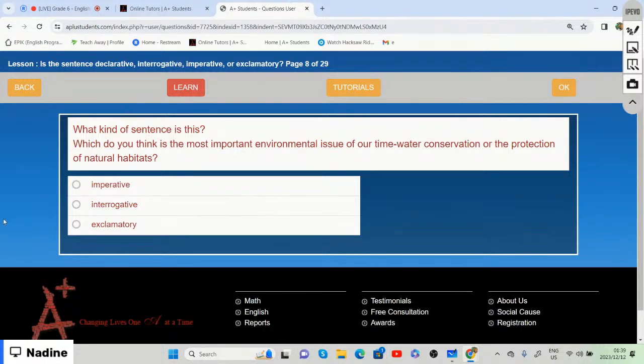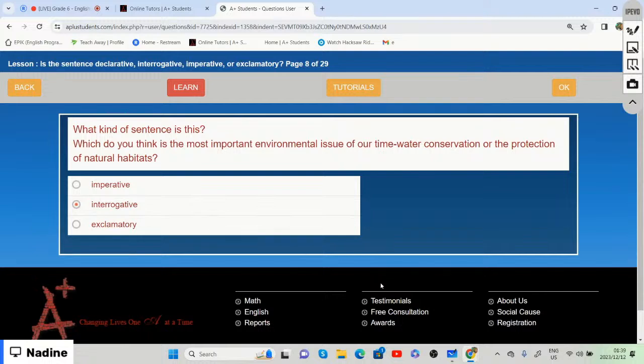So, which do you think is the most important environmental issue of our time, water conservation, or the protection of natural habitats? There it ends with a question mark. Yes, so that means it's an interrogative sentence. I like how you say that it's an interrogative sentence, but also the reason why.